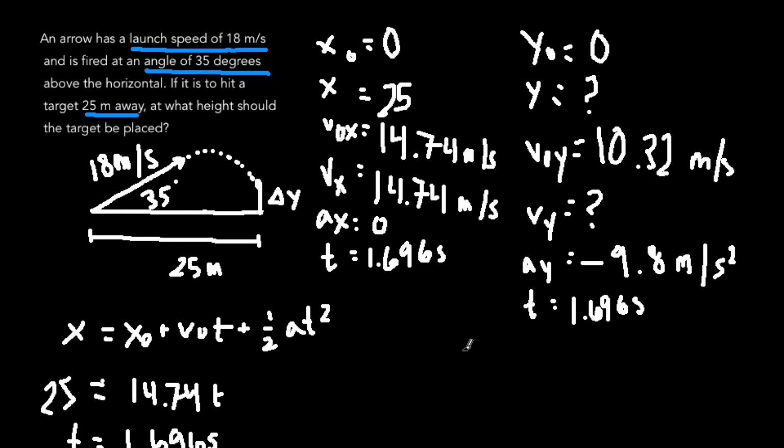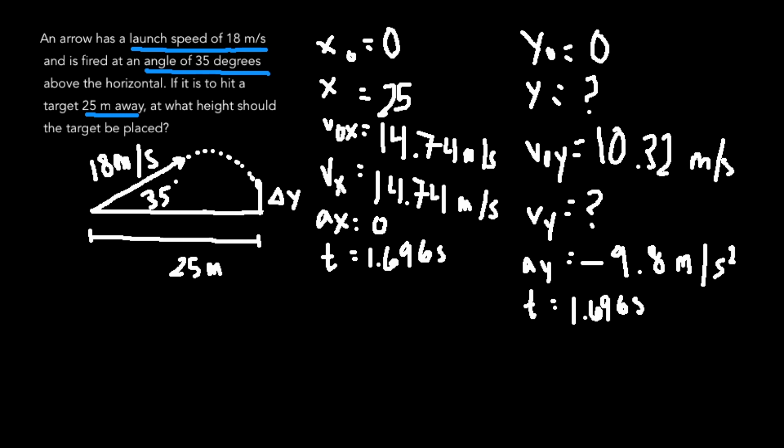And now that we have t, we can actually use a kinematic equation in the y half, and that equation is in fact the exact same as the one we used for the x half. So let me just clear up some more space because this might take a bit of room.